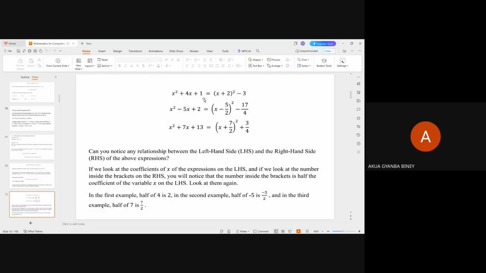You take it and you halve it. If you look through all of them, 4 is here. You halve it, you get this one here. You have -5, you halve it, so you have -5/2. 7, you halve it, you get 7/2.